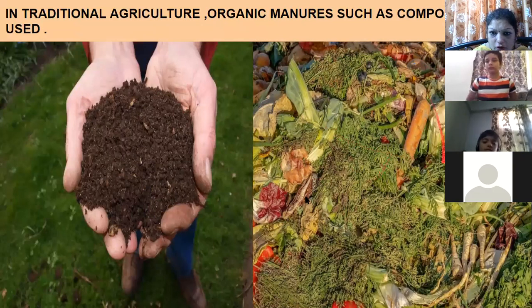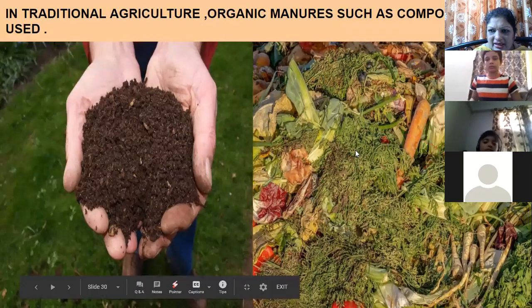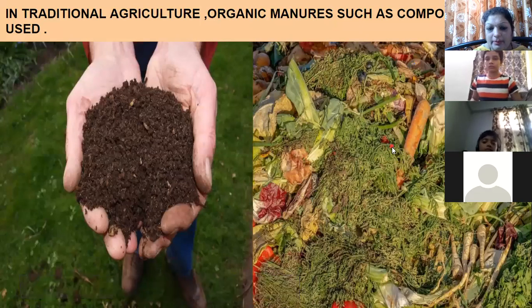As I told you, can you see the waste on the slide? You can see green vegetable waste, peels of cabbage, carrots, radish, everything. This waste is dirty to look at, but it is a really good manure for the plants. This is a natural fertilizer.